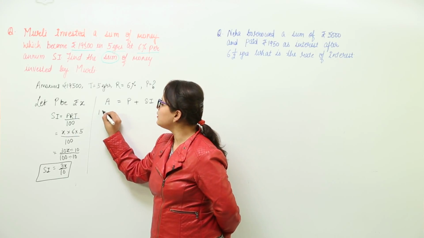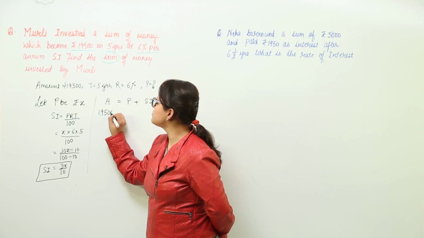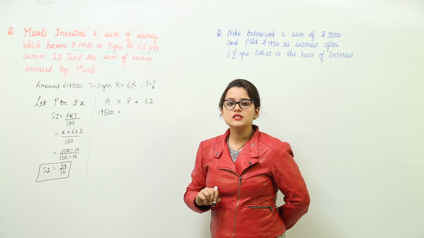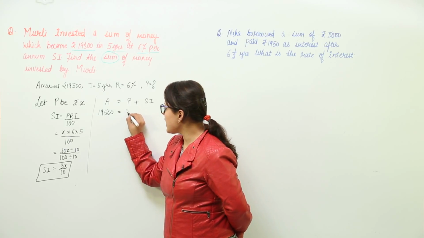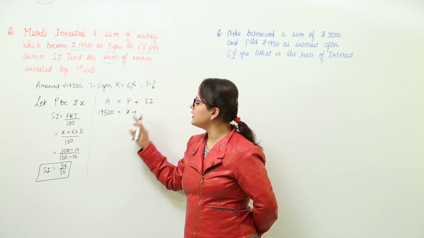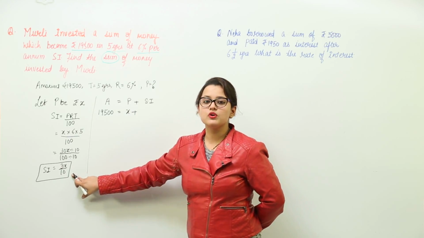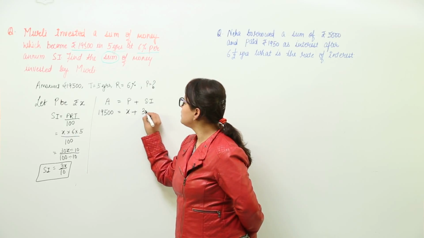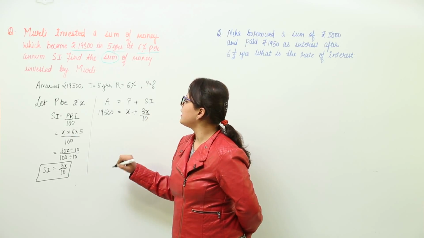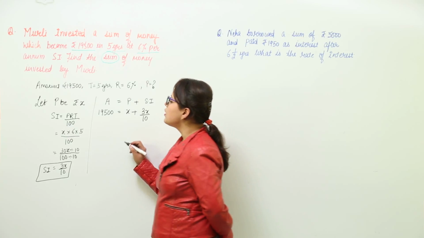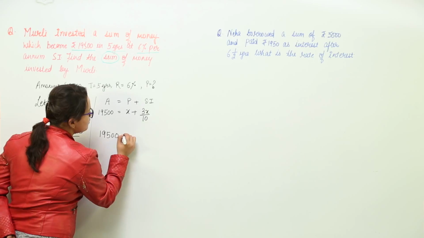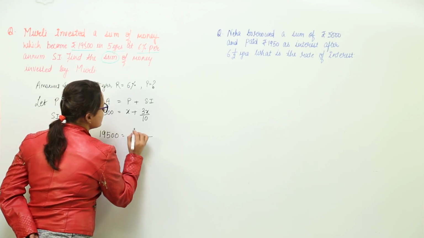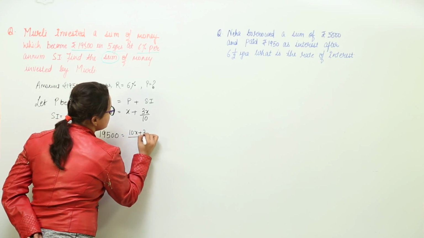We will place the value for amount, that is 19,500. We will place the value of P that we had assumed, which was X, plus the calculated value of simple interest, which was 3x over 10. So we will write it over here and we can solve this equation further. 19,500 equal to, taking the LCM, 10x plus 3x over 10.